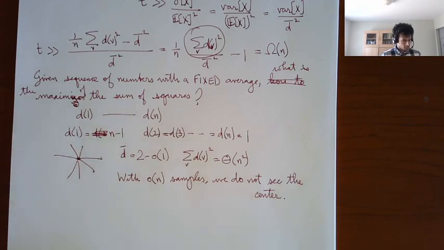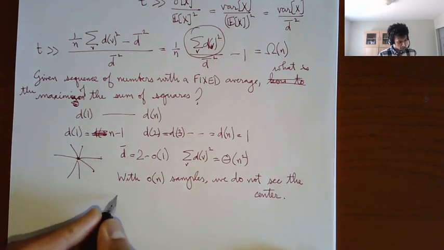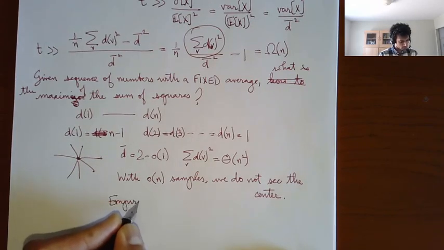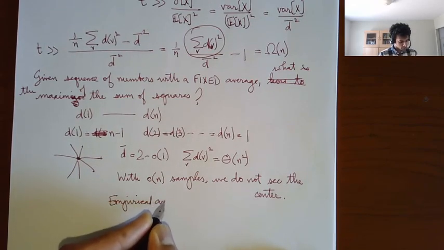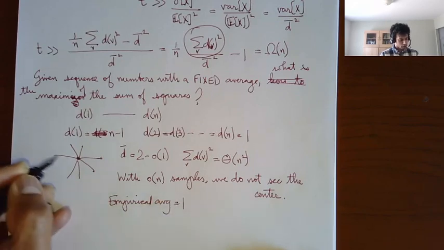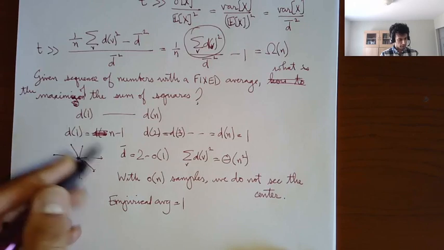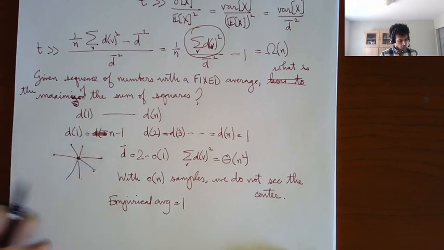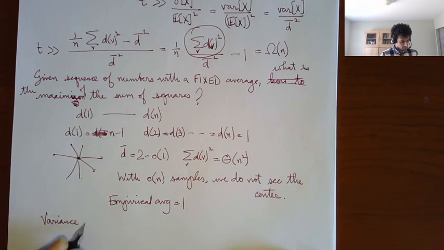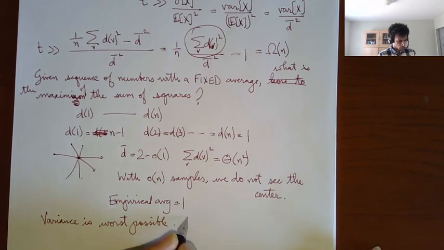What do you see? It's fairly 1, right? The empirical average is 1, because all you see are these endpoints. You'll never see the center, but the average degree is 2. So the variance is unbounded. Variance is the worst possible, actually. So seems hopeless.